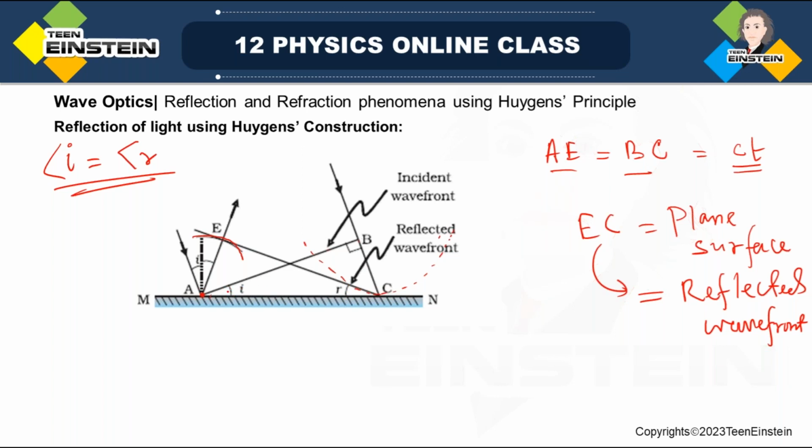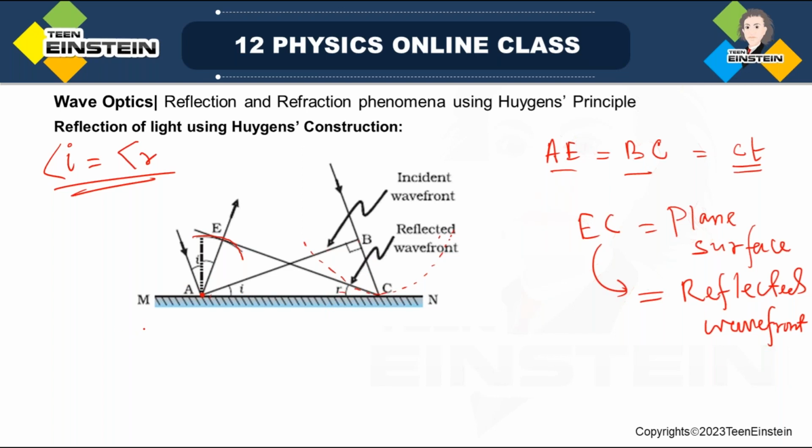So this is the incident angle, and this is the reflected angle, or angle of reflection. We have to show these two angles are the same.